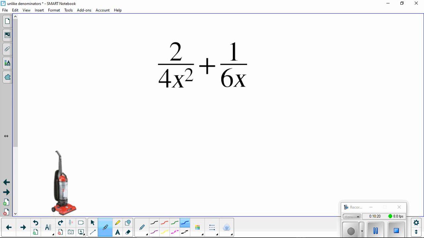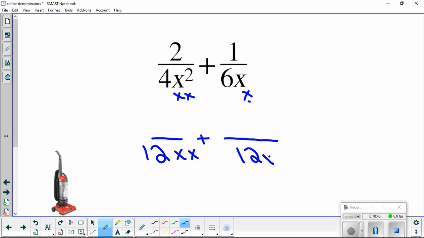So here's what we're going to do. My denominator, let's start with the numbers. I need a number that 6 and 4 would both go into. 12, you're so good. And this is really x times x, and this is an x. I need to include the letters and the most of them. So if this is x squared, I've got to include that. So x times x or x squared, it's up to you how you write it.